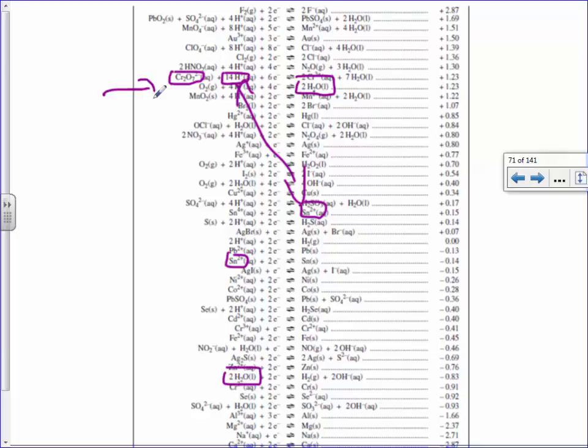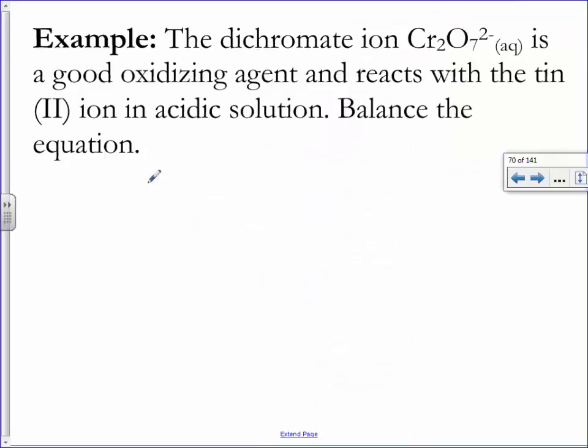Here's what I can do then. I now have 2 different half reactions. Let's try to fit them together. Now, the most important mistake that I want you to avoid is you have to flip one of the reactions. So if you're looking up for things in your data book, make sure you flip the correct equation. So I'm going to write the Cr2O7 2 negative, aqueous.